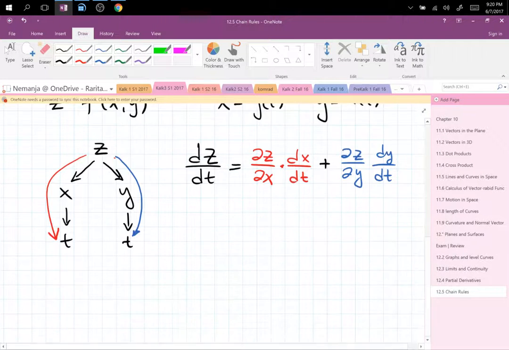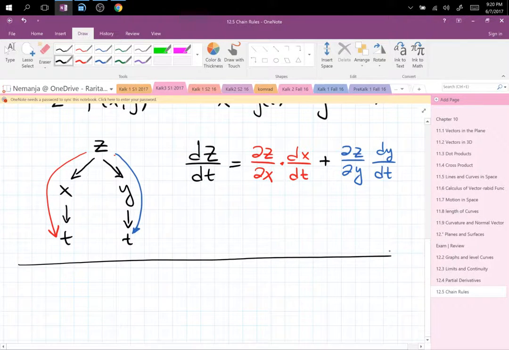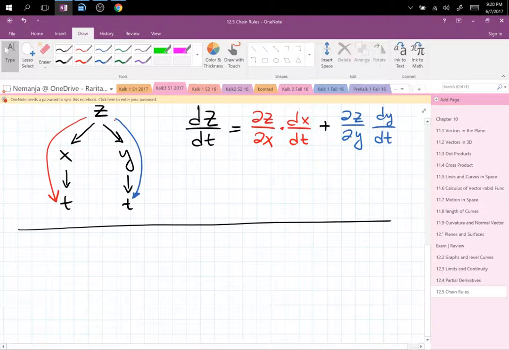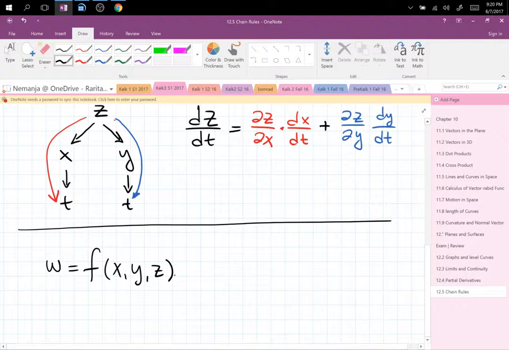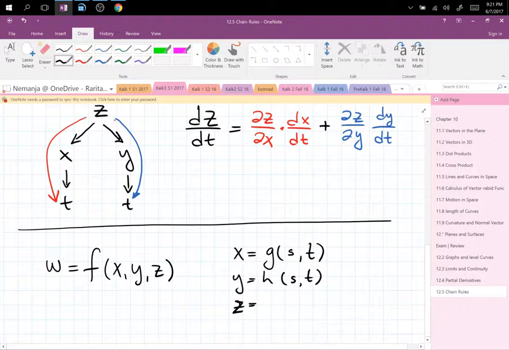So let's take a look at the spicier example. Say now you have w as a function of x, y, and z, and say that x is a function of s and t, and y is some function of s and t, and z is some function of s and t.